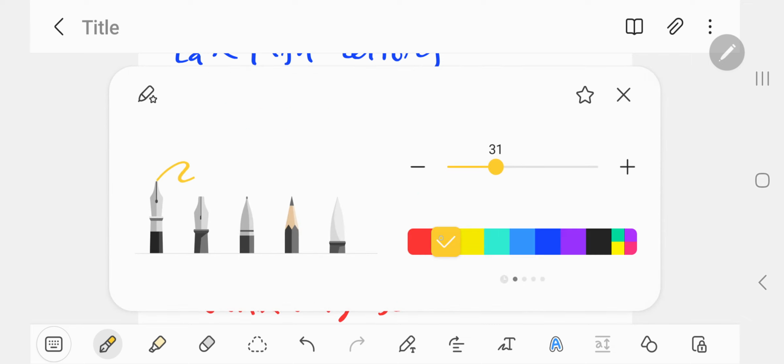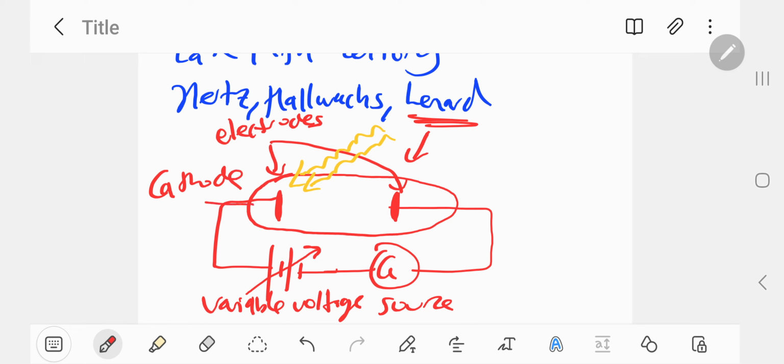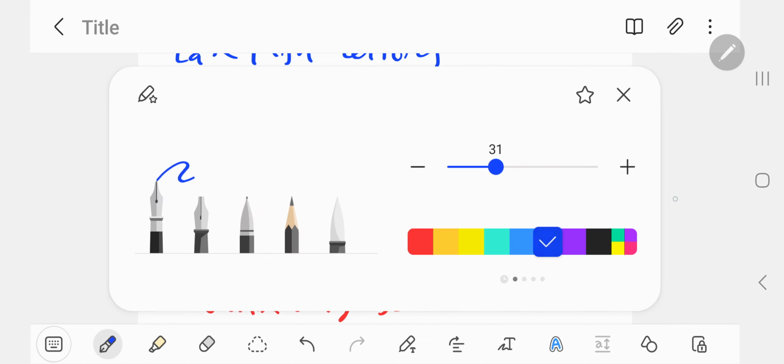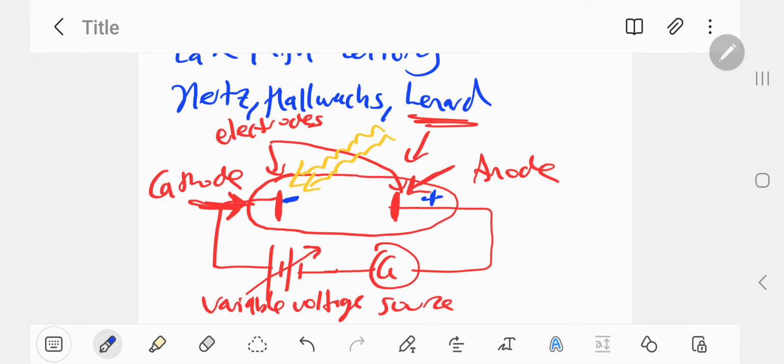This plate here is called the cathode, and this plate here is called the anode. The cathode was negatively charged. The anode was positively charged. When light hit the cathode, electrons would be emitted and they would be attracted to the anode because opposite charges attract. These electrons are called photoelectrons.